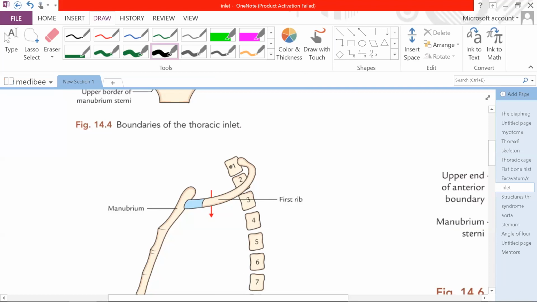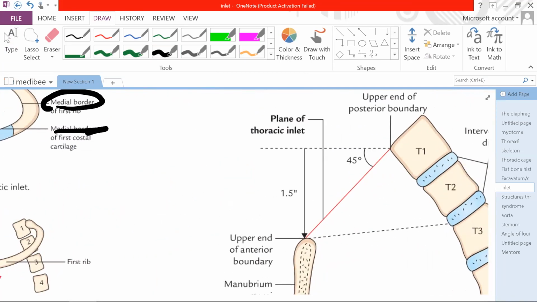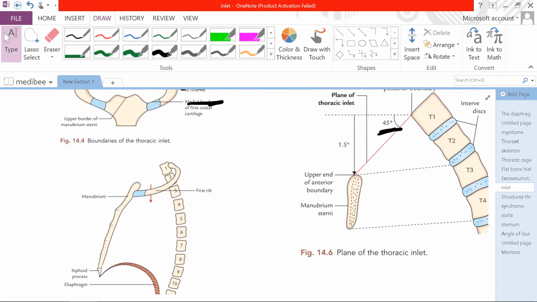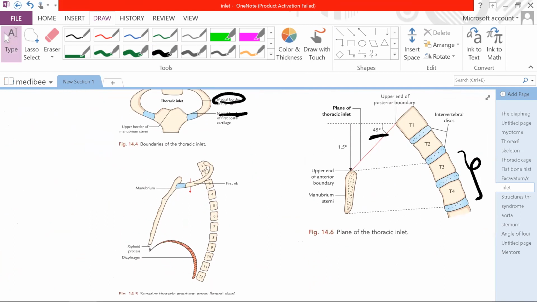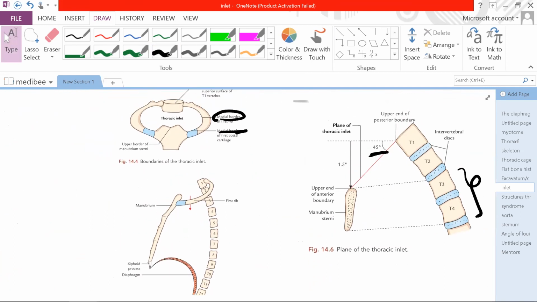So the plane the thoracic inlet forms is not horizontal; it forms an angle of about 45 degrees. The reason is that the upper border of the sternum's manubrium coincides with the thoracic 3 vertebra.